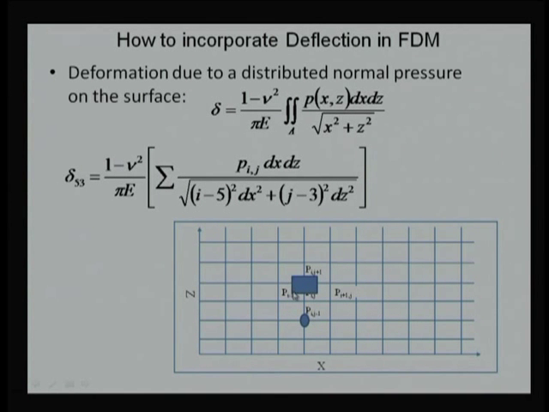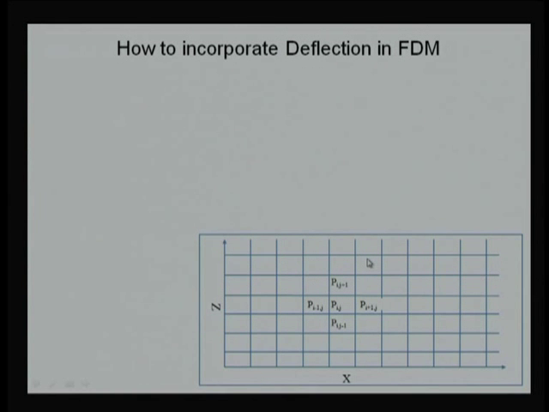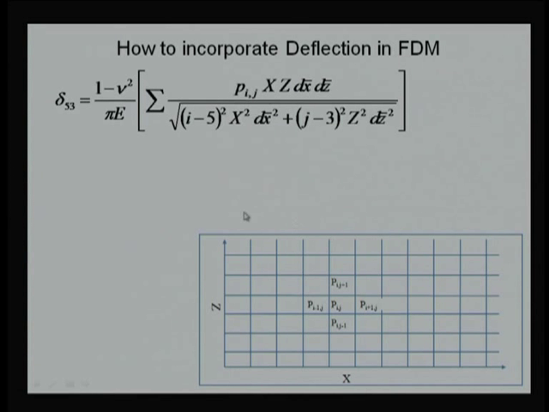We will calculate the pressure with the nearby area, dx and dz, and now we are trying to find out what will be the effect of this pressure force on this point, and there will be a number of points over here.